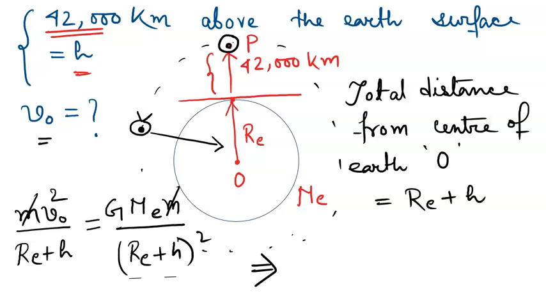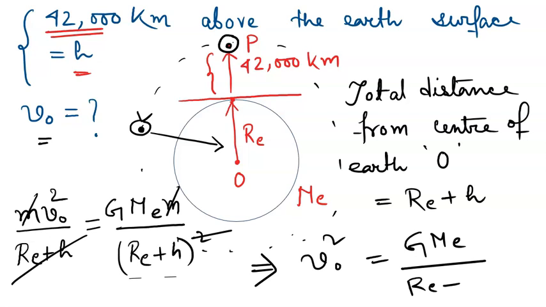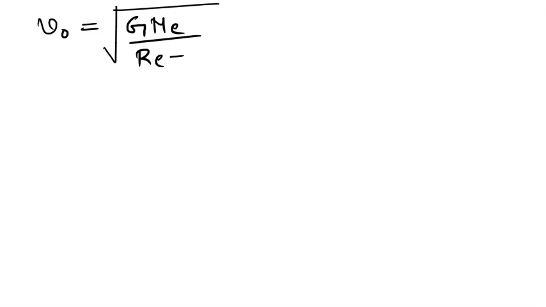This centripetal force must be equal to the gravitational force. So from this equation we get V0 square is equal to G ME by RE plus h. Now we simplify: V0 is equal to under root G ME by RE plus h.